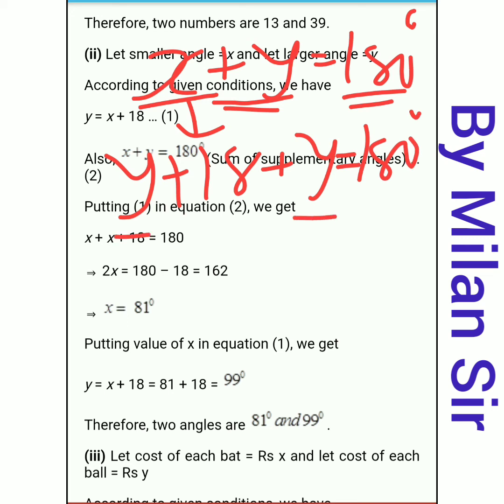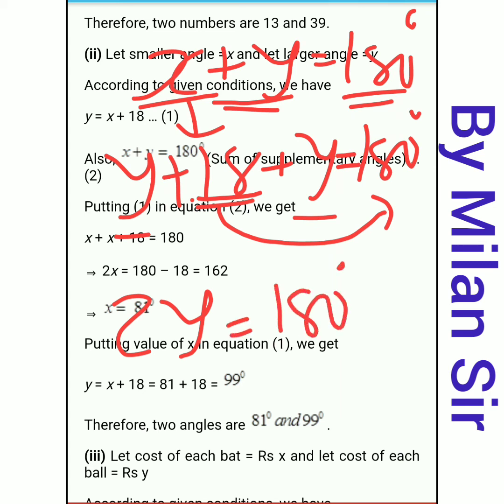Then y plus y is 2y. Now transfer this plus 18 to the right hand side, because we are trying to find the variable y, so we need to transfer the constant term to the other side. So 180 minus 18 degrees.